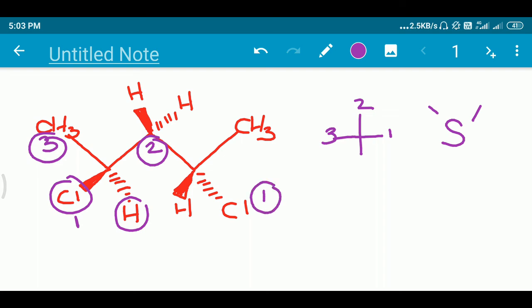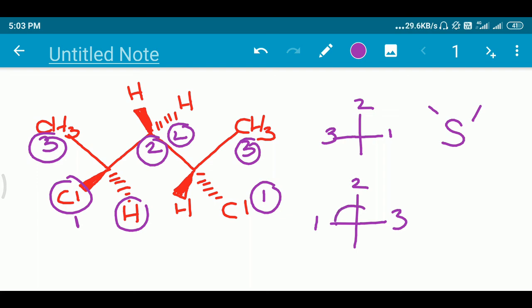And in this case the number 1 priority is this one, this carbon is 2 and this is 3, therefore we move in a clockwise direction, 1, 2 and 3. But remember, hydrogen is pointed towards you and therefore we have to take the opposite configuration.